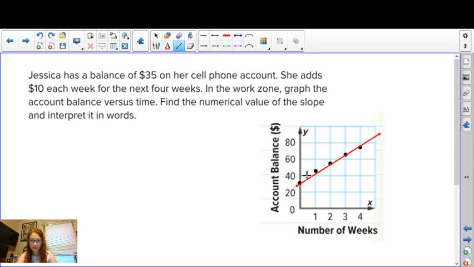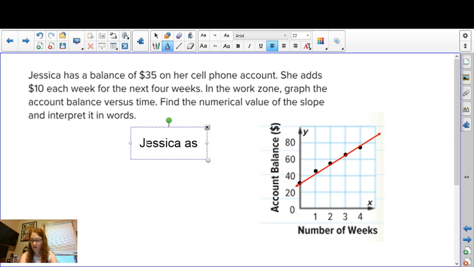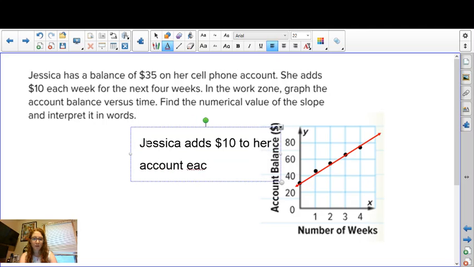You know, pretty decent for graphing with a keyboard. So Jessica adds $10 to her account each week.